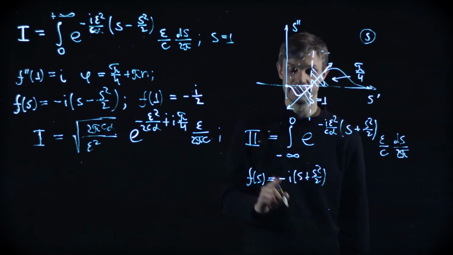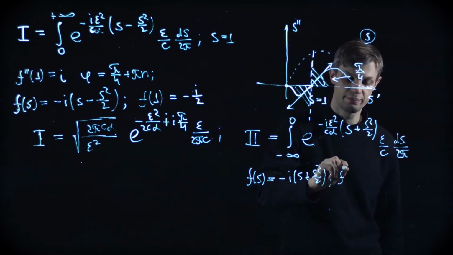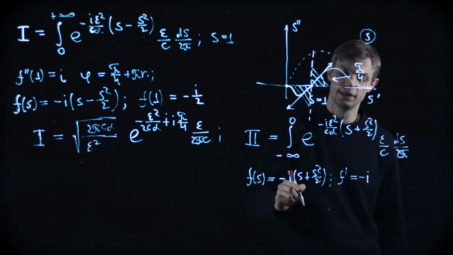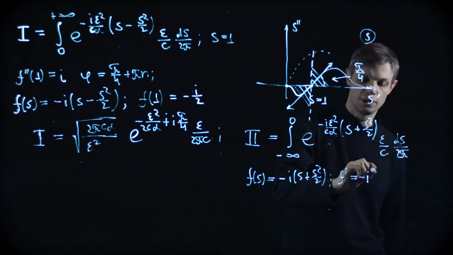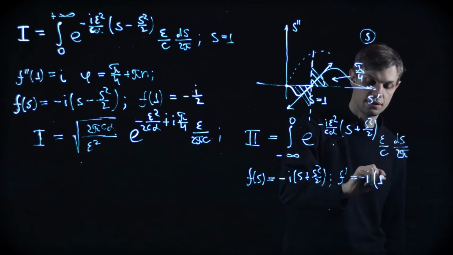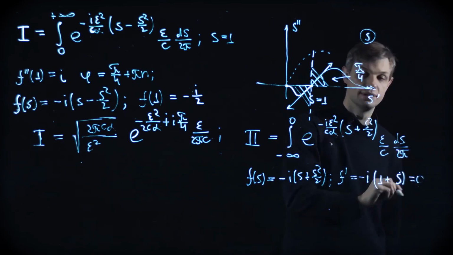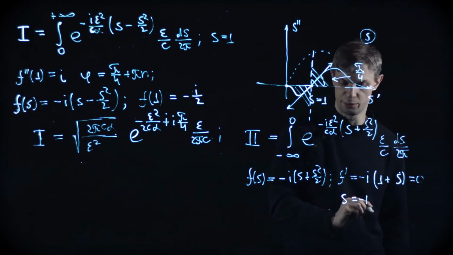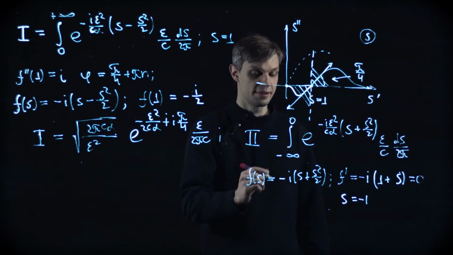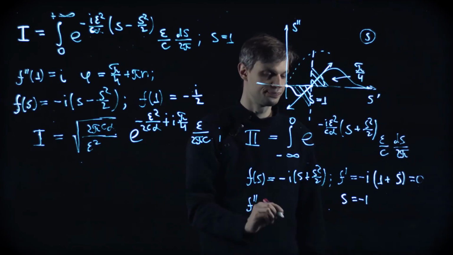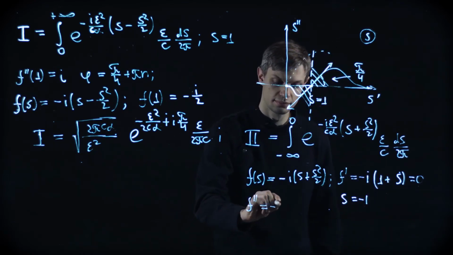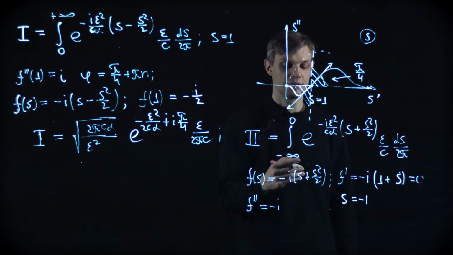We find the saddle, f prime is equal to negative i times 1 plus s. So now the saddle is positioned at point s is equal to negative 1. Now the second derivative, f prime prime, which is simply now minus i, and the direction of the steepest descent.